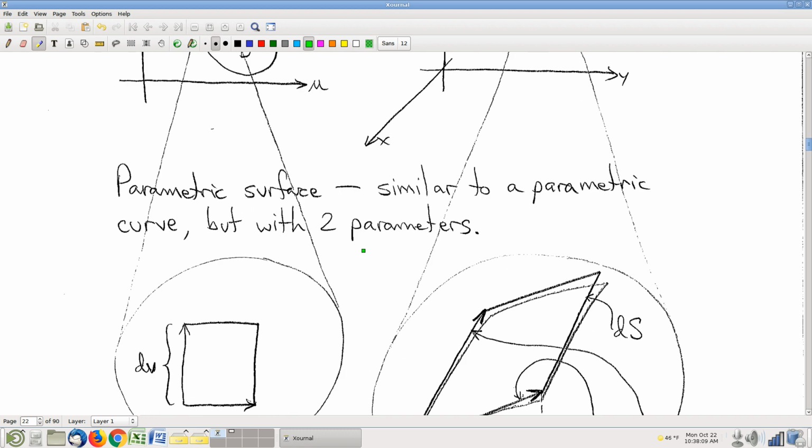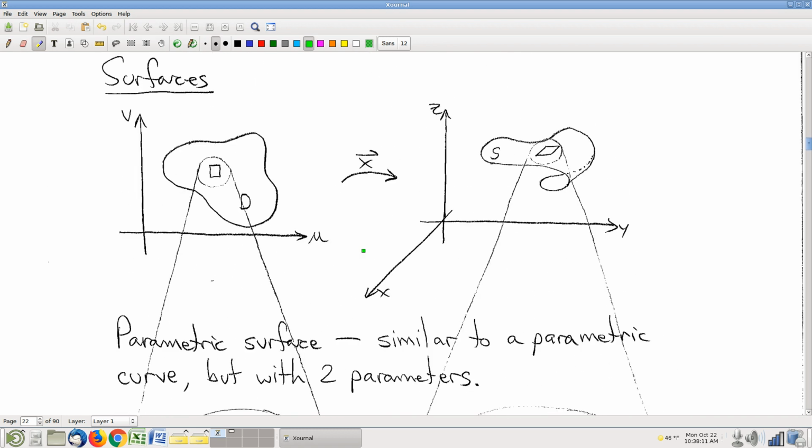Okay. So this is also called a parameterization, the surface then being called a parametric surface. It's just like a parametric curve, except instead of one input giving you a one-dimensional image, here we have two inputs giving us a two-dimensional image.